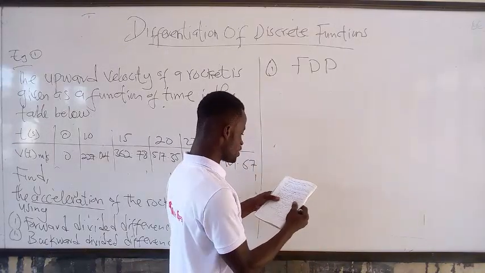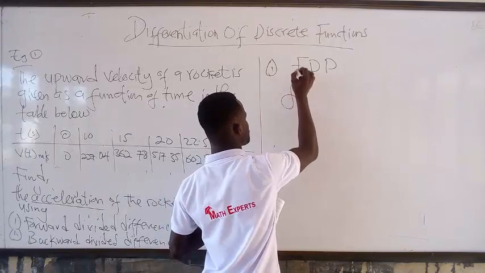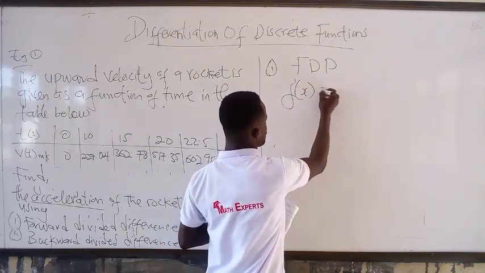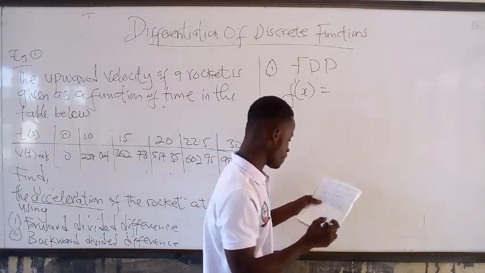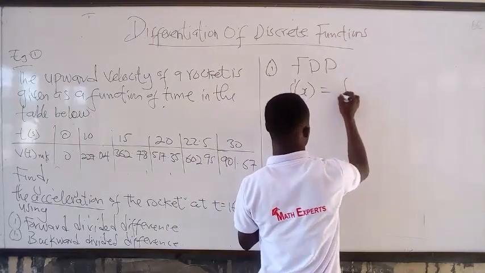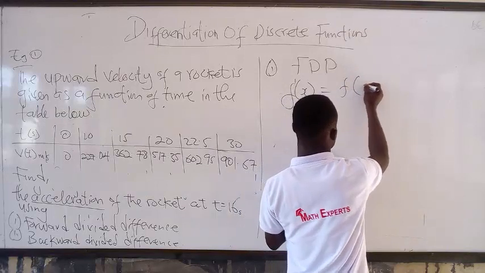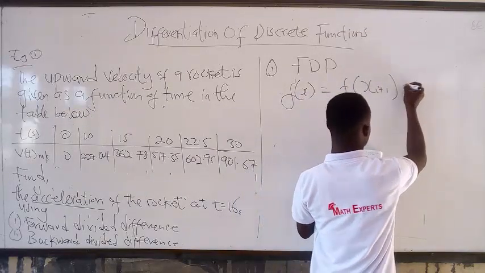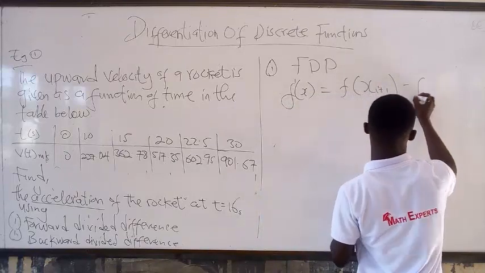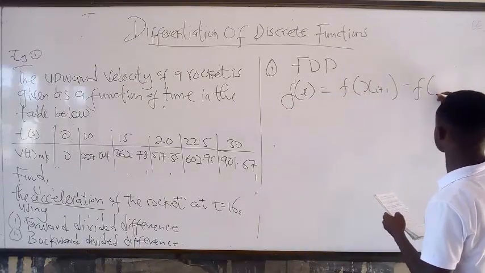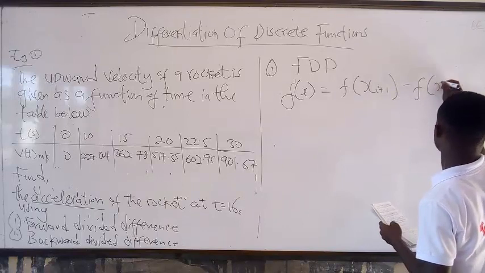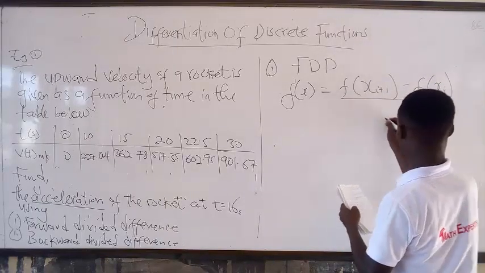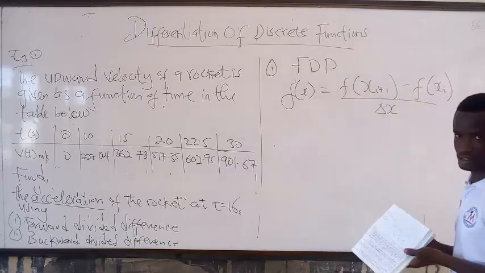You know that the forward divided difference is in the form f prime, which will be equal to f of x i plus 1 minus f of x i, all divided by delta x.